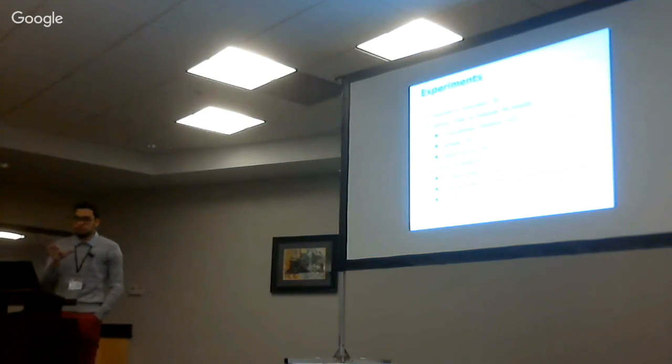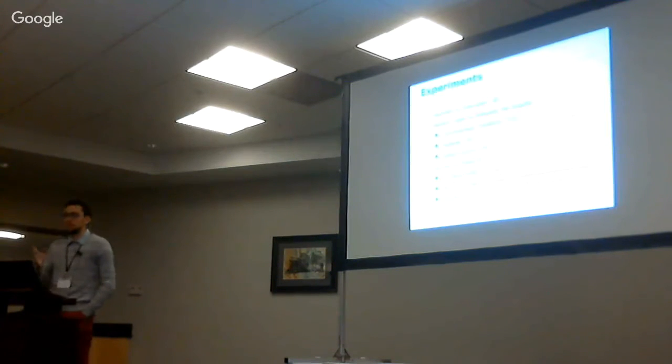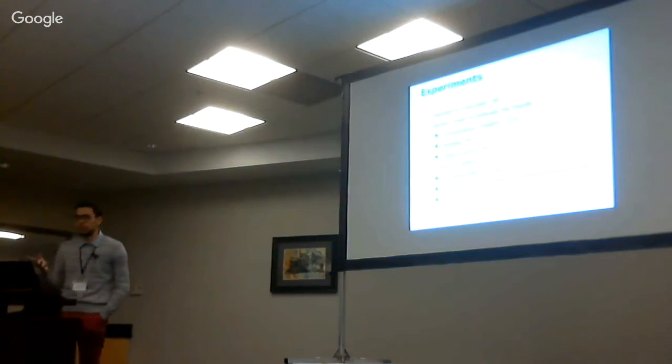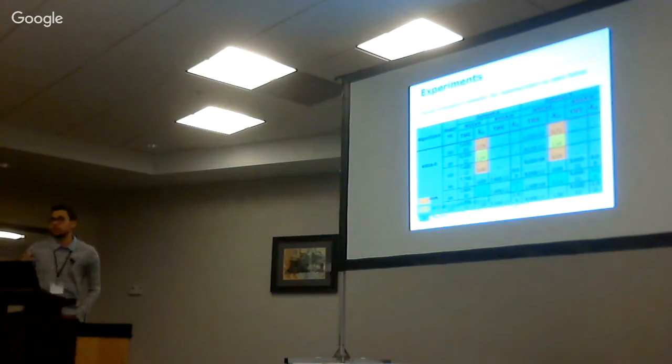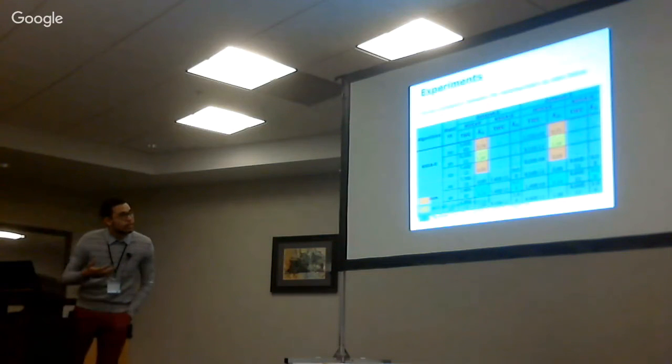The first one checks if there is a statistical difference, and the second measures the effect size. The table was not too big. I think it's something with the slide, but I think you can see.